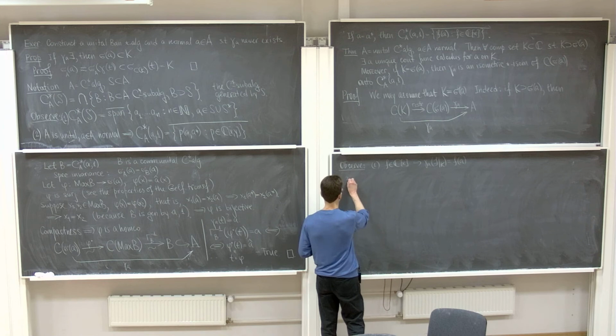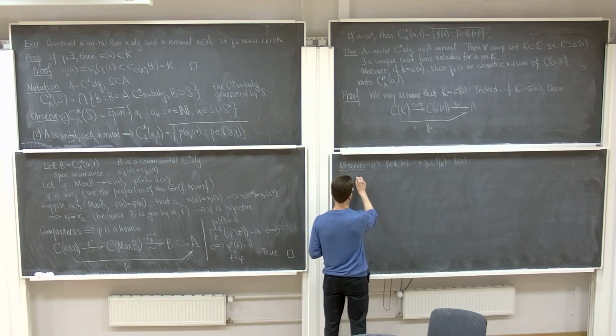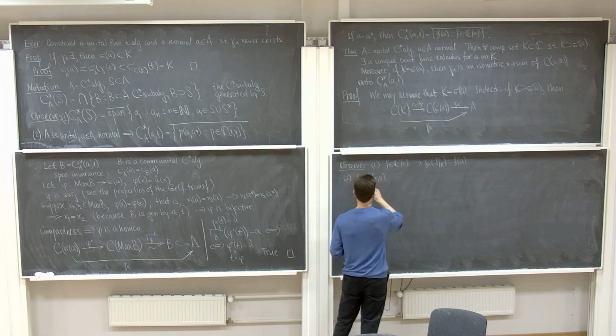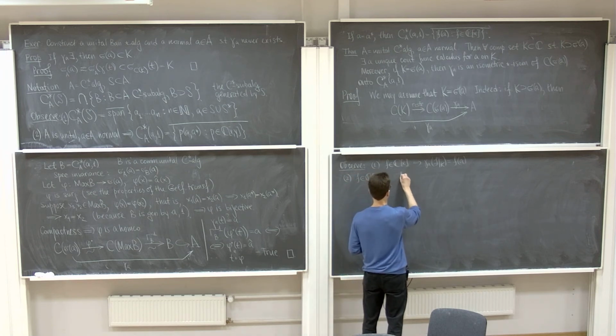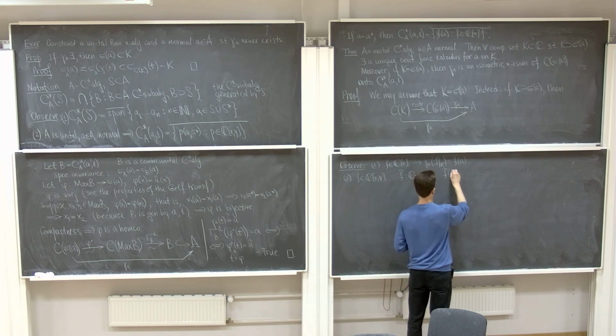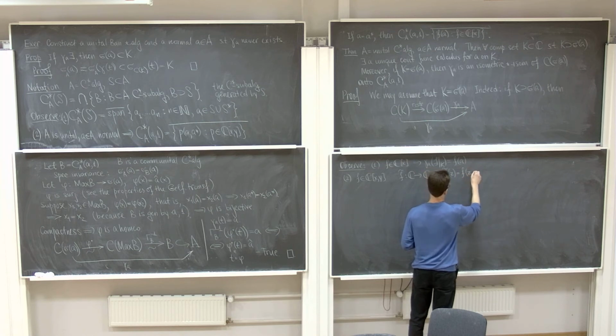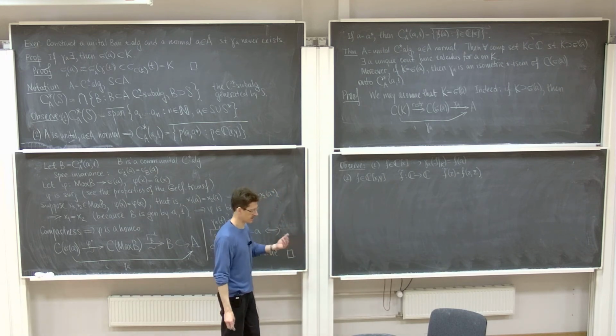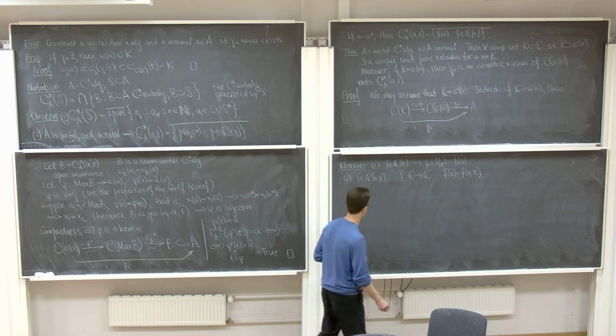And more generally, if we have a polynomial f in two variables, x and y, let's denote by f tilde the following function. F tilde of z is f applied to z and z complex conjugate. So this is a polynomial in the coordinate z and in the complex conjugate coordinate.